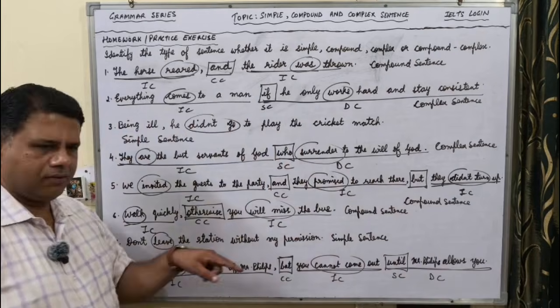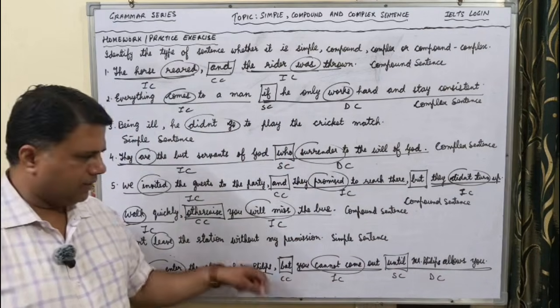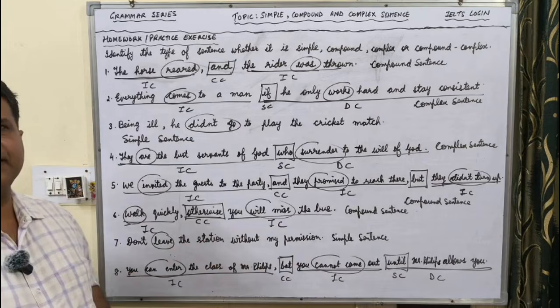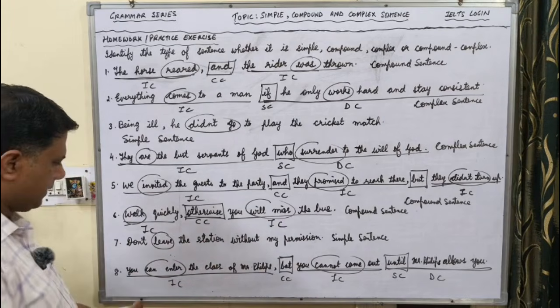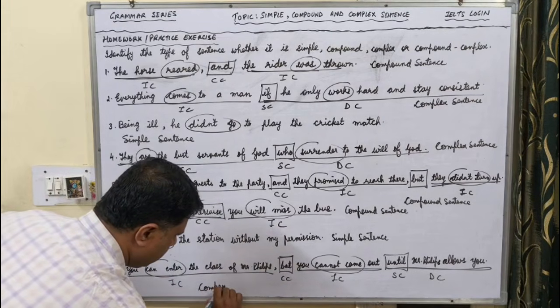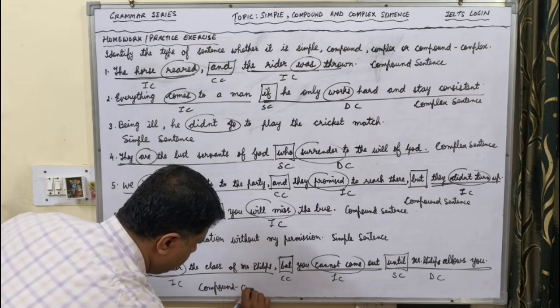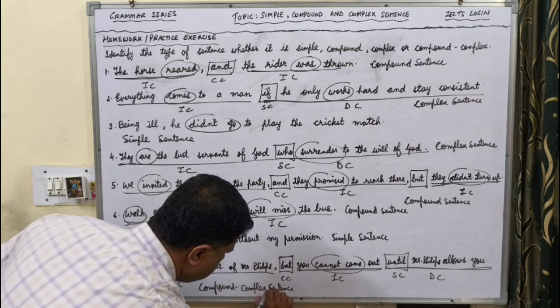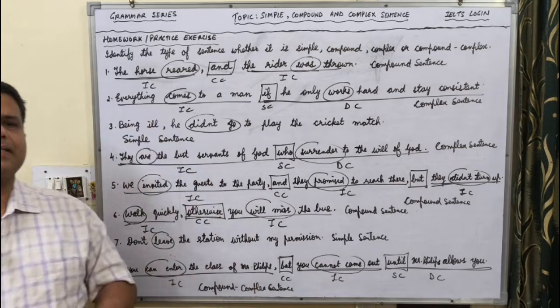So one dependent clause, two independent clauses, one coordinating conjunction, one subordinating conjunction. Obviously, this is an example of a compound complex sentence. So that's all from this exercise.